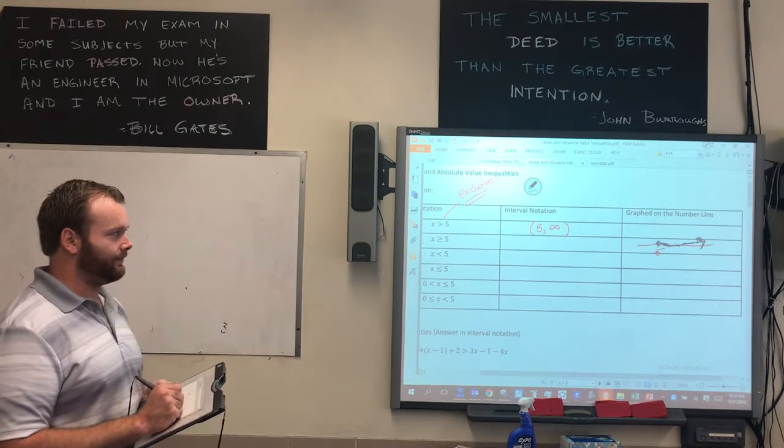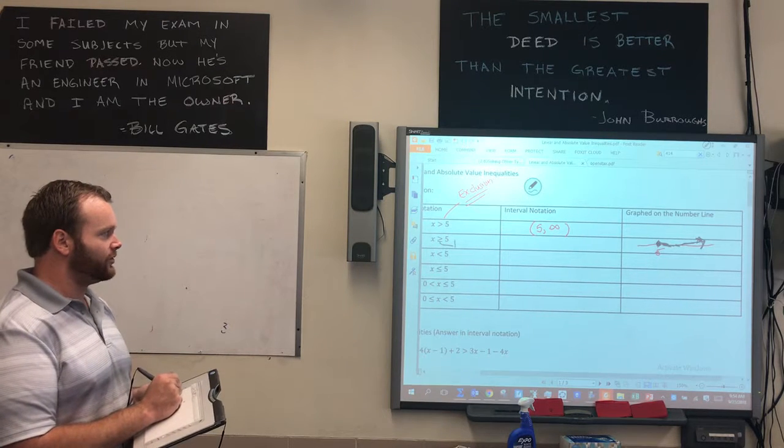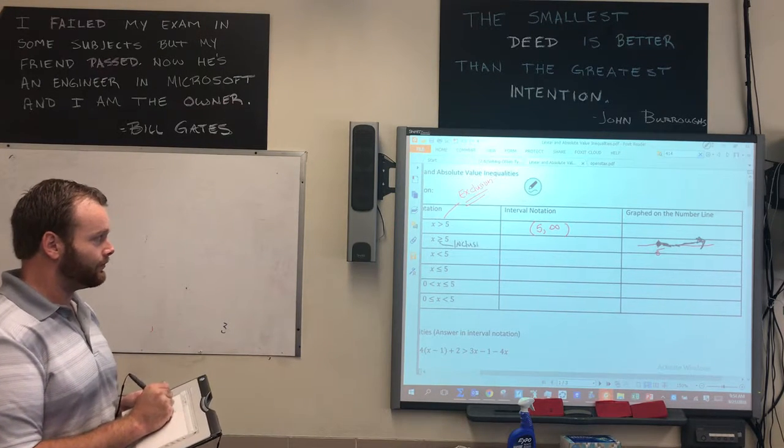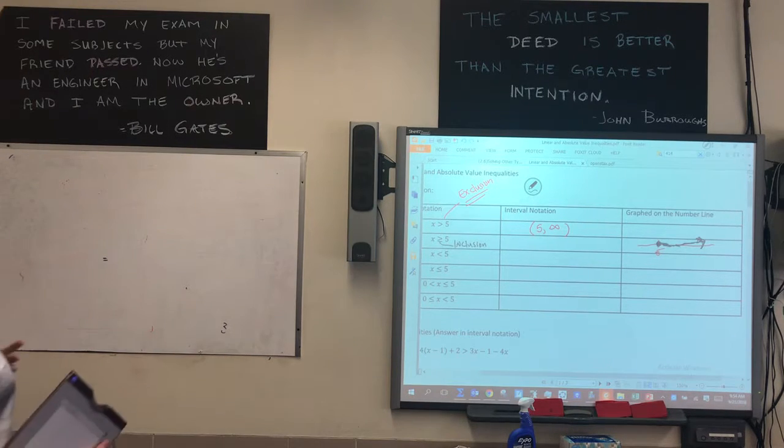It's a closed dot. This equality refers to inclusion. Sometimes we say this inequality is exclusive, so it's excluding something. It's just less than or greater than. If it's inclusive, then it's an equality. It's less than or equal to, greater than or equal to.